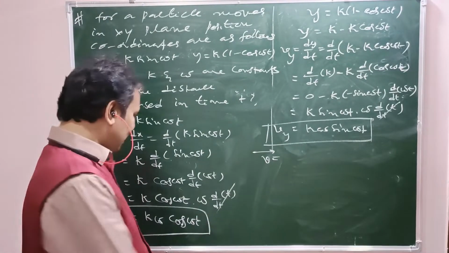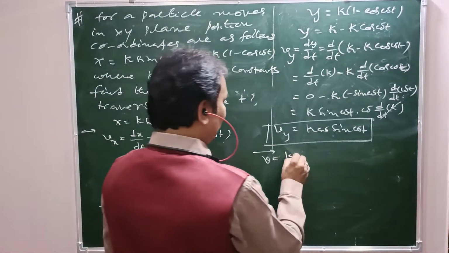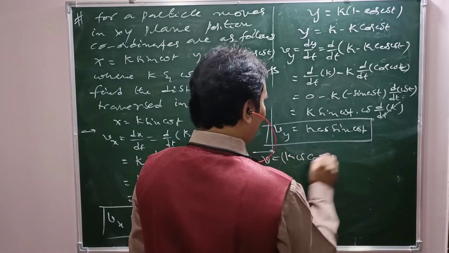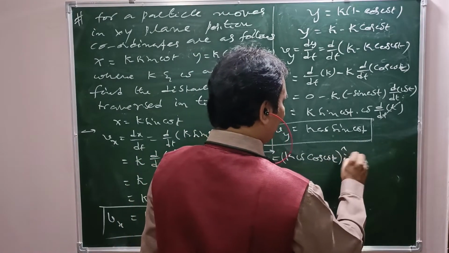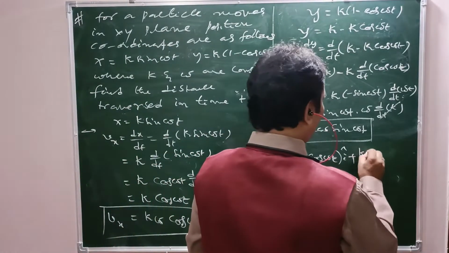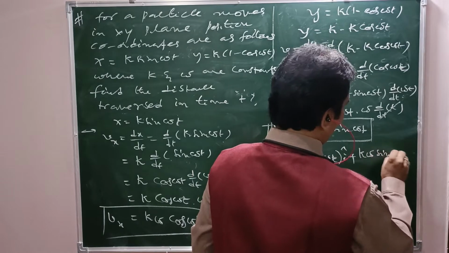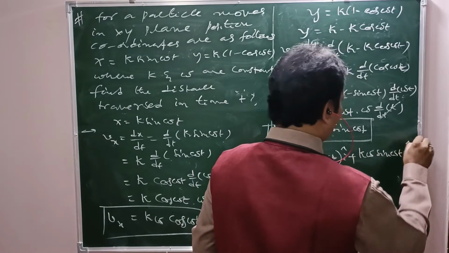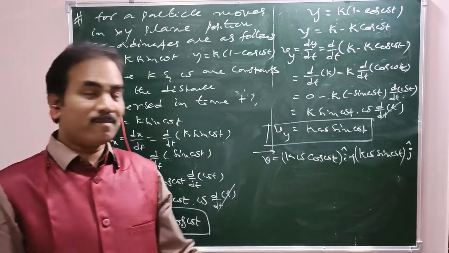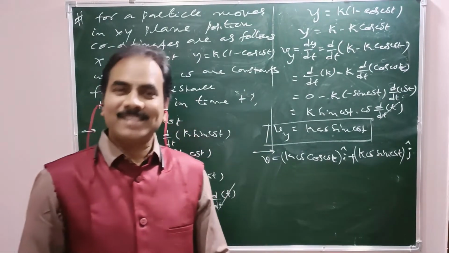That is, Vx means k omega cos omega t into i cap plus Vy into j cap. Vy means k omega sin omega t into j cap. Right? So here the x component is k omega cos omega t, the y component is k omega sin omega t.